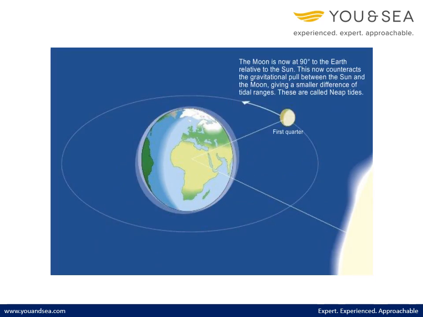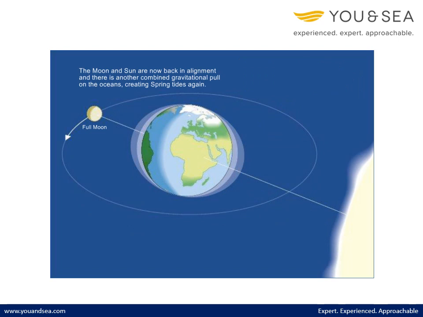7 days later, the first quarter, this is the first of our 2 neap tides. And as you can see, the image of the water around the earth is a lot more even. 7 days later, and we're back to our second spring tide.